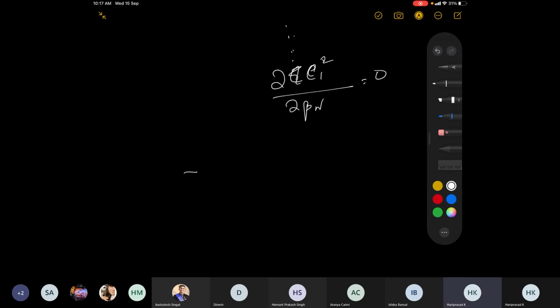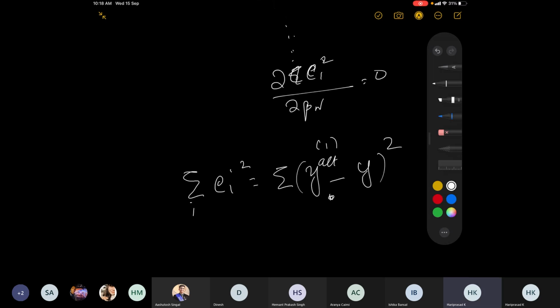So now let's write it more precisely. Ei square is what? Sigma of y actual minus y predicted, squared. And what is your y now?